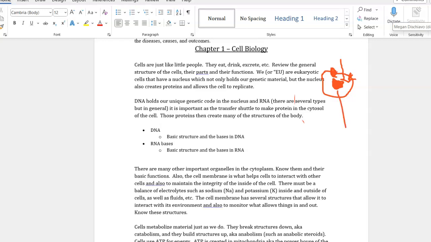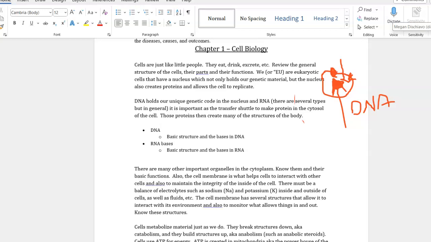In the nucleus, you probably remember from A&P, we have DNA. DNA stays in the nucleus. It holds our genetic code. But the other cool thing that DNA does is it holds codes for all the proteins in our body. And proteins in general make most of the structures of our body.